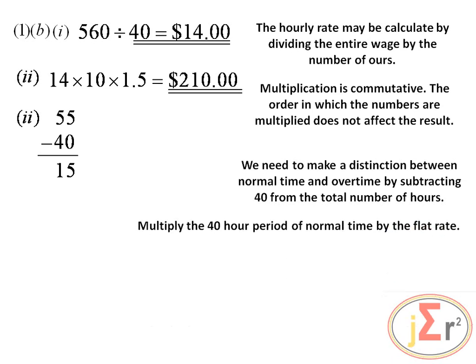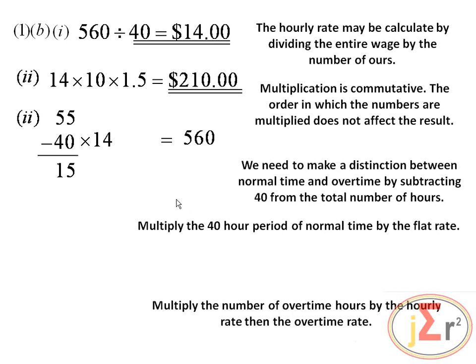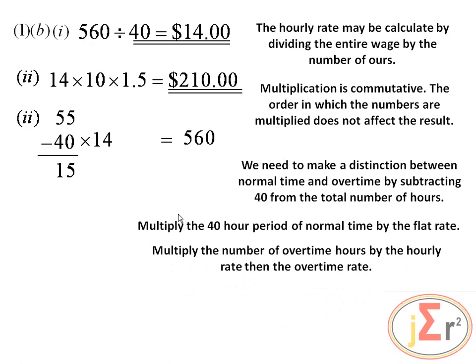Then the amount earned for the 40 hours of normal time will be the 40 multiplied by the normal rate. So the 40 multiplied by the normal rate is 560. And of course, it is the same thing that we have right here. And of course, the 15 overtime hours will be multiplied by 1.5 and also by the hourly rate.